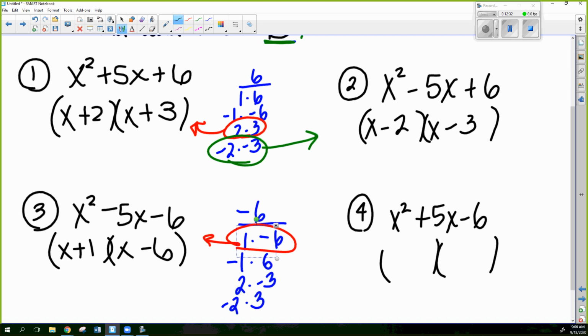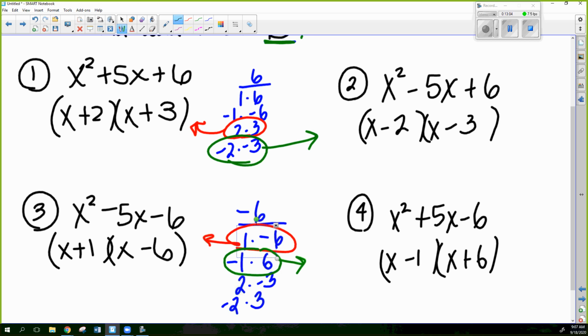I already have all my list, but it has to add to be what? Has to add to be positive 5. Which pair here adds to be positive 5? The second one. So that's the pair I'm going to put over here. Which means I'm going to have, in my parentheses, x what? Minus 1 and x plus 6.